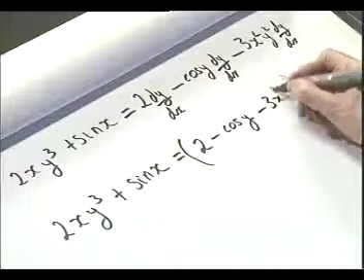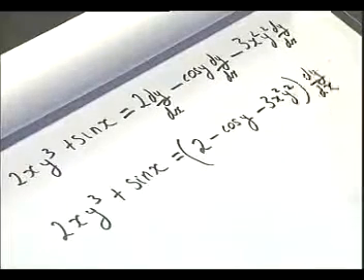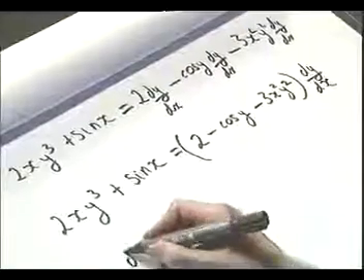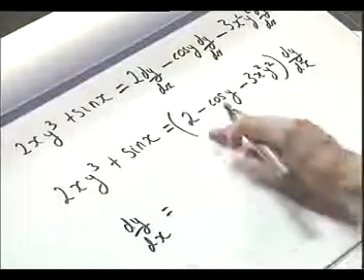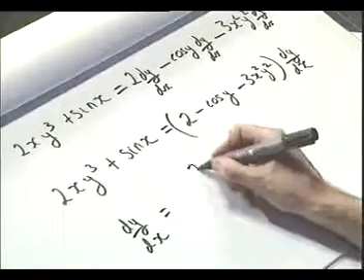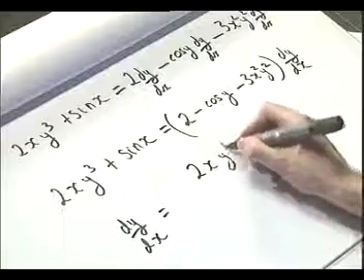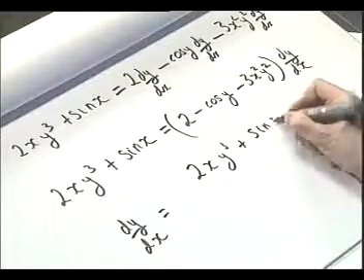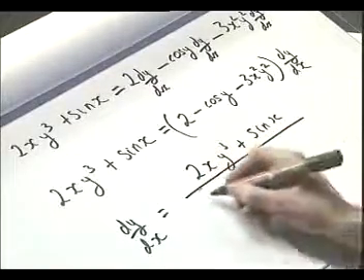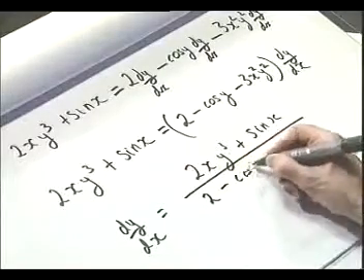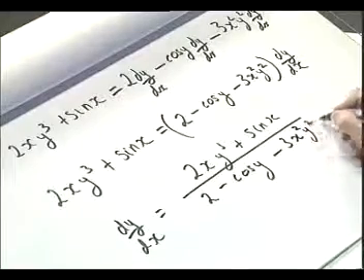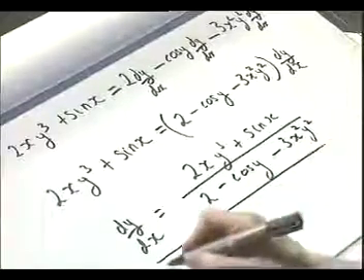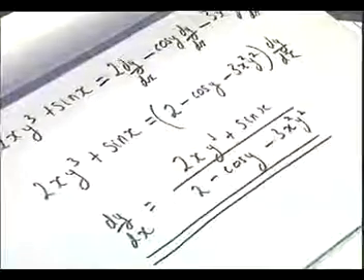So we're minus 3x squared y squared. And now finally, we can get dy by dx on its own, because we can divide both sides of the equation by what's in this bracket. So we'll have 2xy cubed plus sine x all over 2 minus cos y minus 3x squared y squared. And there's our dy by dx.